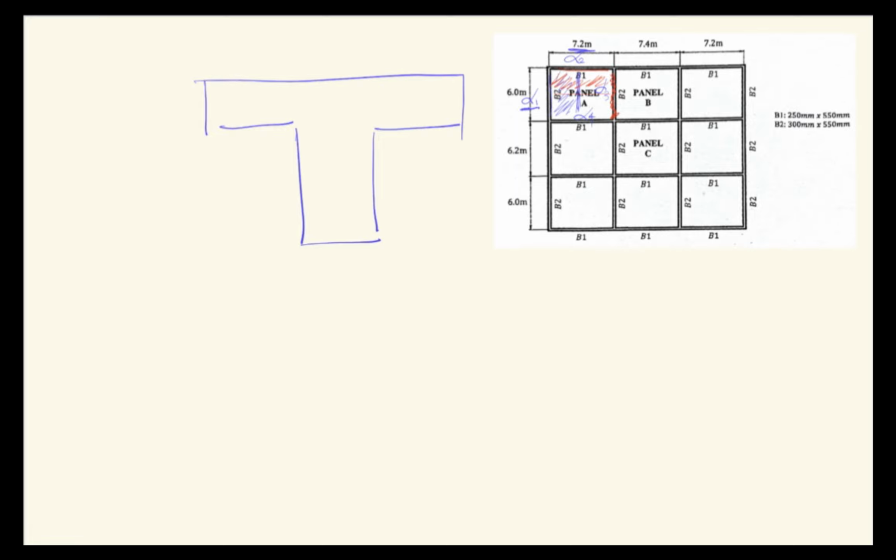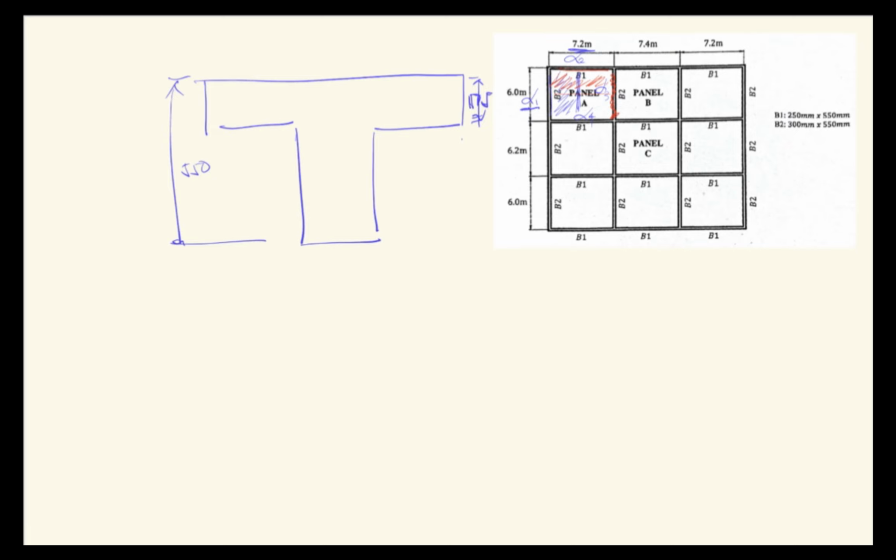In which this is of course 175, and this is 550. This is 175.